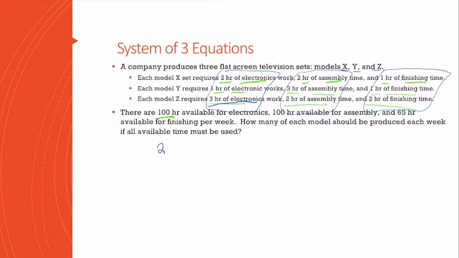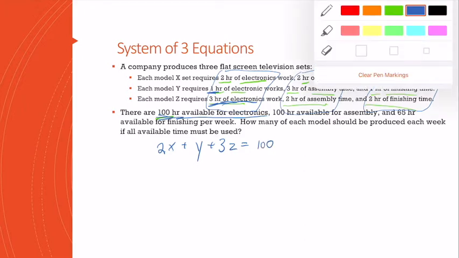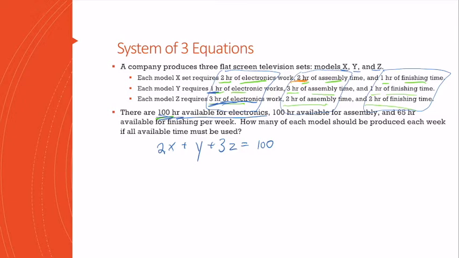So I have 2 hours of electronics work for model X, 1 hour of electronics work for model Y, and 3 hours of electronics work for model Z. I have 100 hours available for electronics. I then have 2 hours of assembly for model X, 3 hours of assembly for model Y, and 2 hours of assembly for model Z. I'm given 100 hours for assembly.